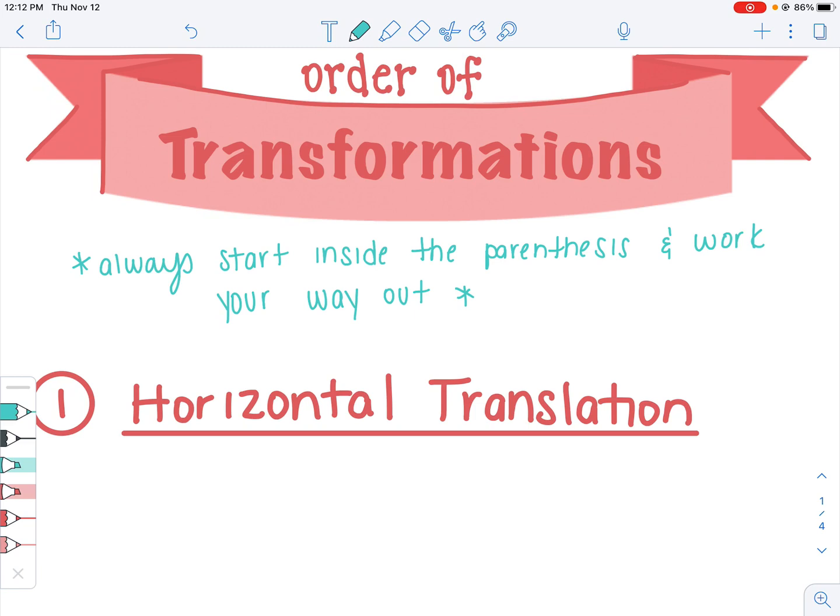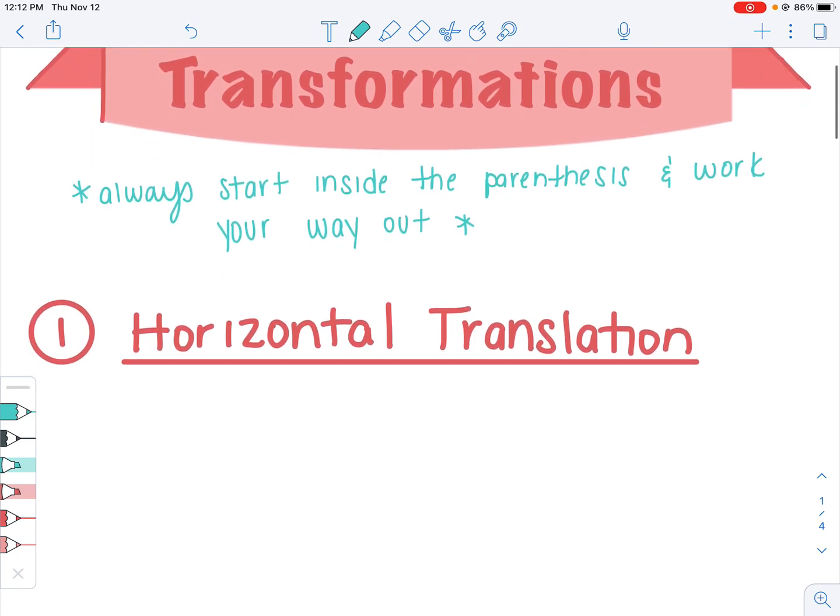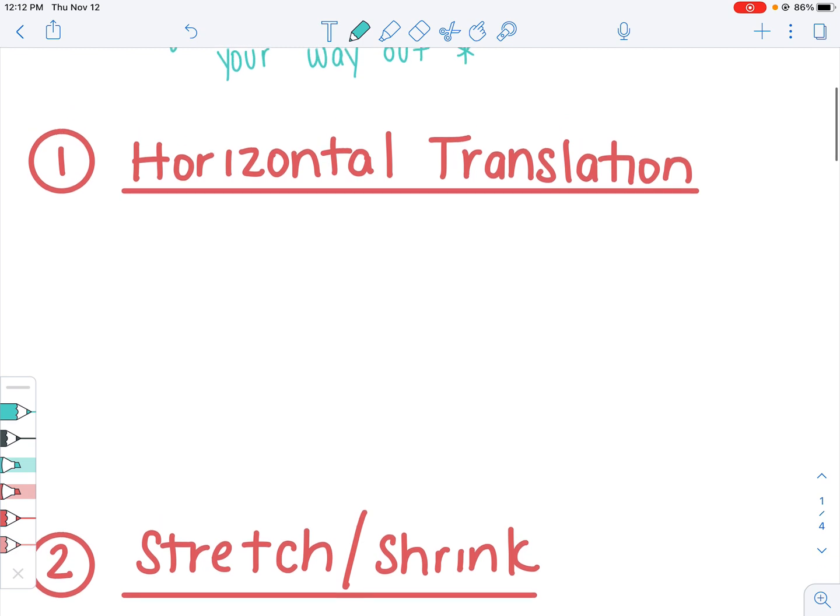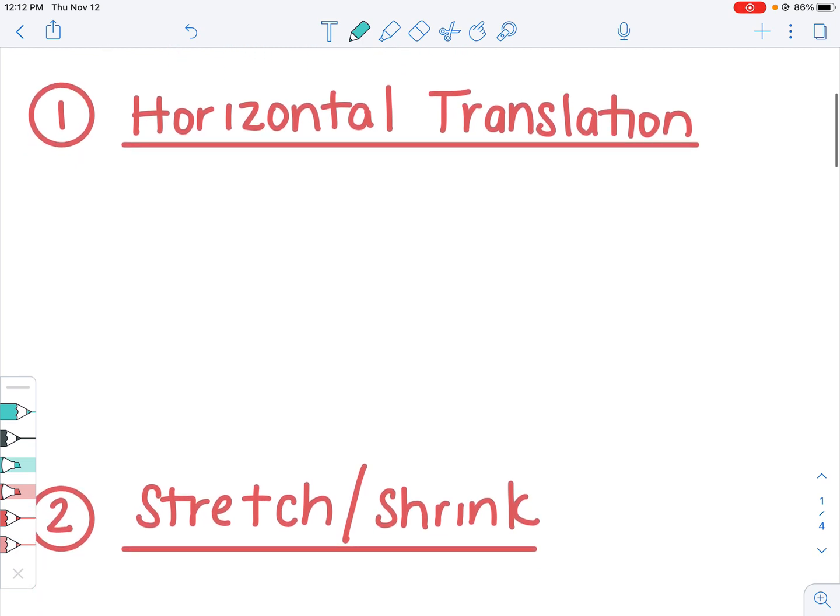The first thing you're always going to do is your horizontal translation. Remember now, that's your left and your right. So if there's an option to move the graph left or right, that's what you want to do first.